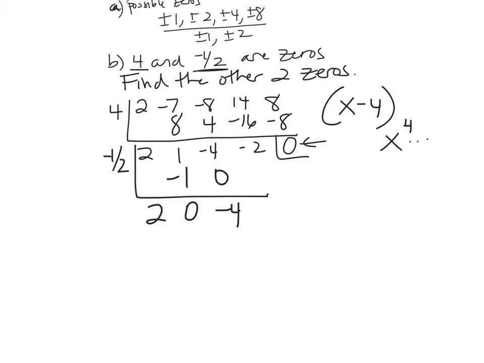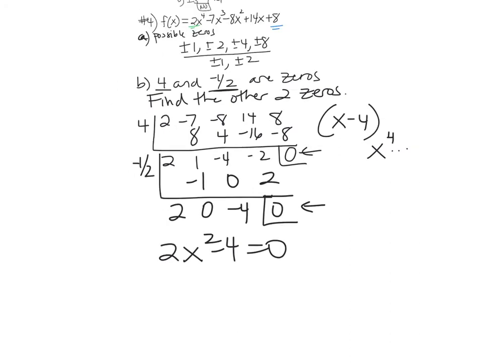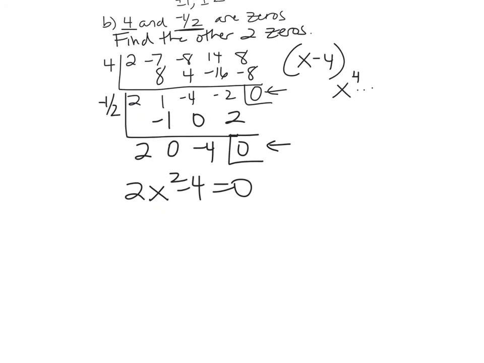Negative 1/2 times negative 4 is positive 2, and I get 0 again. You need to get 0 there for sure. So then what you end up with is a quadratic: 2x squared minus 4. Set that equal to 0 and solve. You can either factor or, I'm just going to extract roots. So I'm going to add 4, divide by 2, and take the plus and minus square root of 2.